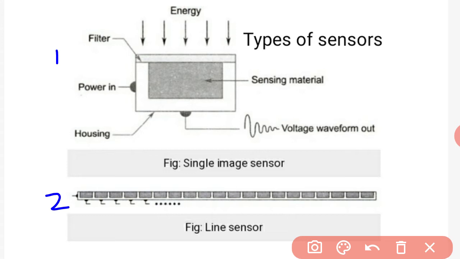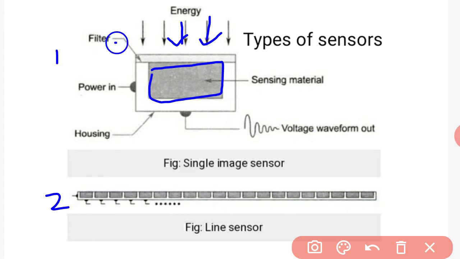The sensor of this type is a photodiode. Now this center element is called the sensing material, that is your photodiode, which is constructed of silicon material whose output voltage waveform is proportional to the light intensity, meaning the energy radiation which falls onto our sensing material.